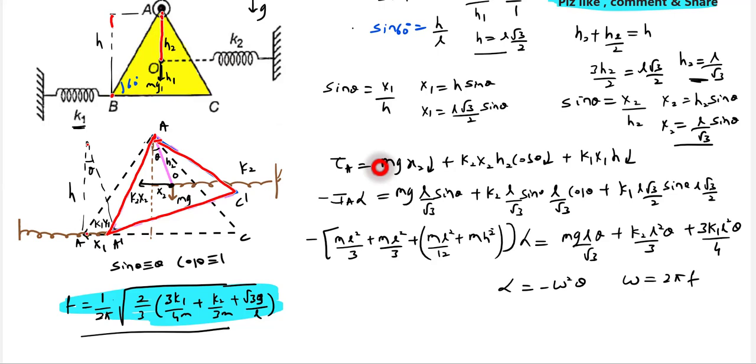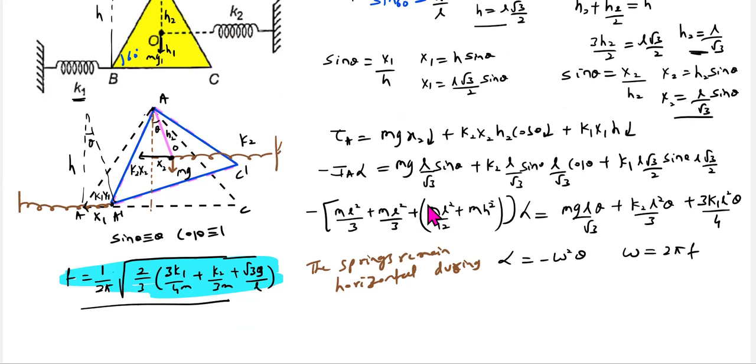So this particular B will have a small linear horizontal displacement, and the point O will have a small linear displacement. Therefore the spring will be compressed. So the springs remain horizontal during oscillations. This is one very important idea, because as the displacement is very small, no?